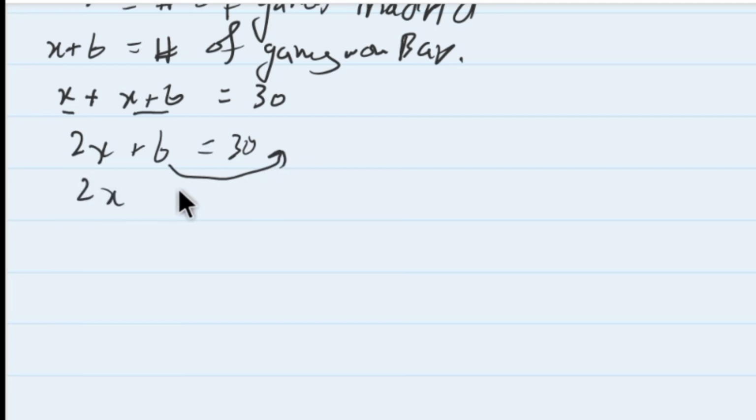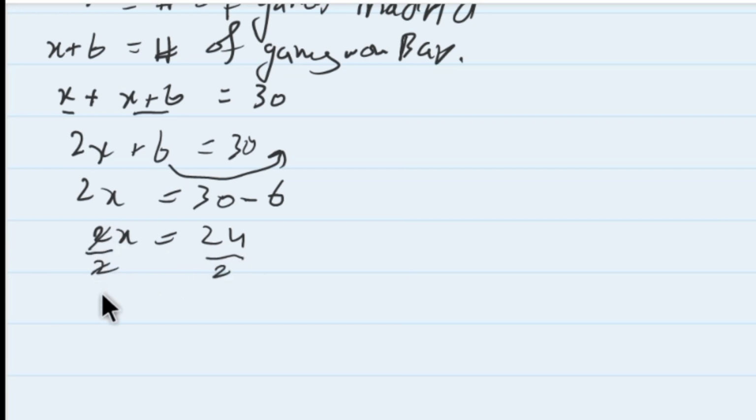When we move 6 to the right hand side, its sign changes from plus to minus. So 2x is equal to 30 minus 6, which is 24. Since we have to isolate x on the left hand side, we will divide by 2 on both sides.